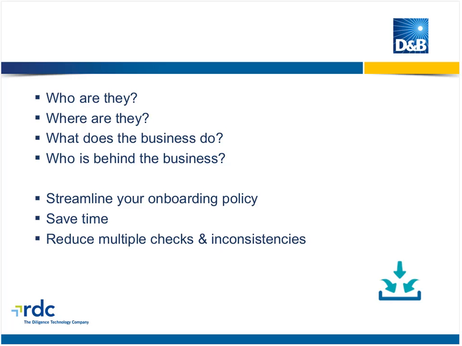Client or supplier onboarding has the potential to think in terms of a holistic risk and to be entity-centric to achieve this objective. By streamlining your organisation's onboarding or supplier vetting policies, you can save time, reduce multiple checks within the same organisation, which can lead to inconsistencies of approach and outcome. It also becomes easier to communicate to stakeholders, including sales, why credit and AML decisions are made.